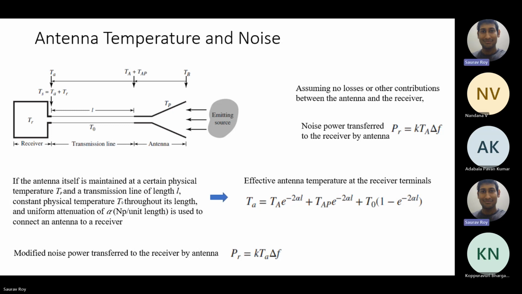But finally, what we see is the equivalent temperature seen by the receiver, at the receiver terminal. That is given as T with subscript small a. Is it understood? Yes.